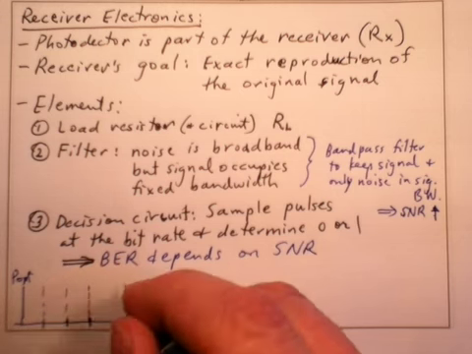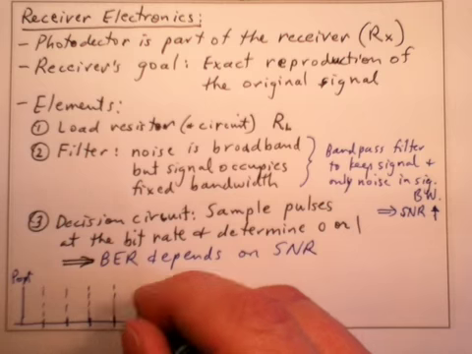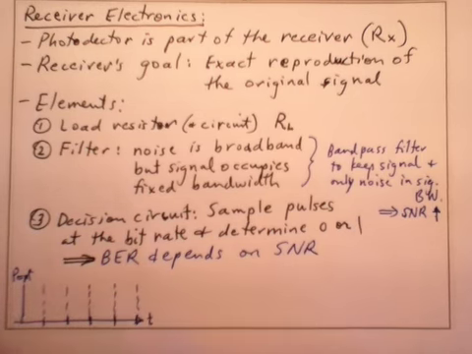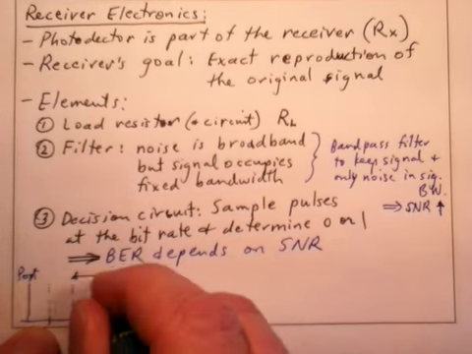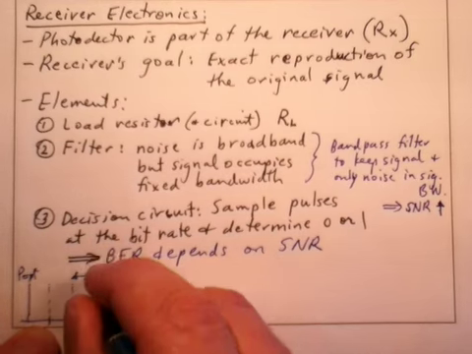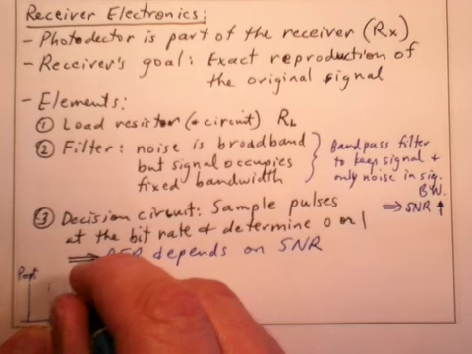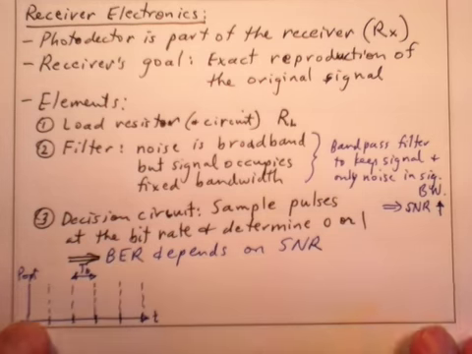So hopefully we're able to figure out when the bit periods are supposed to be occurring at uniform intervals of time. I'll label this T sub B, the bit period. Hope you can read that, it got kind of small.